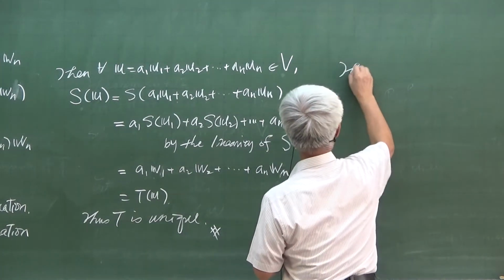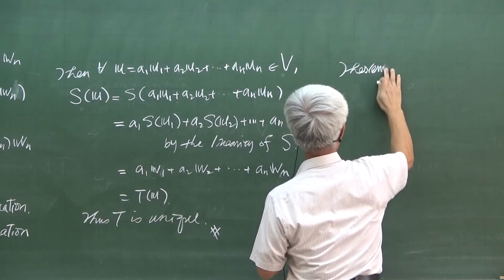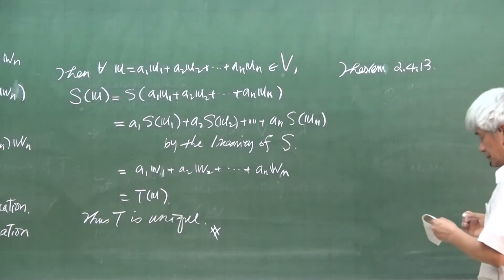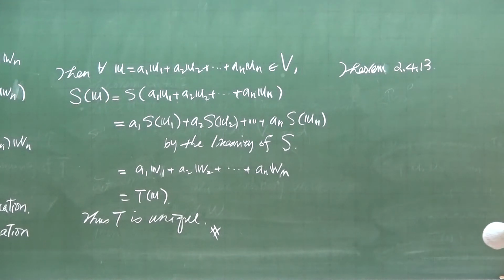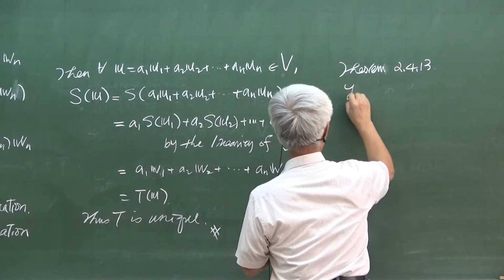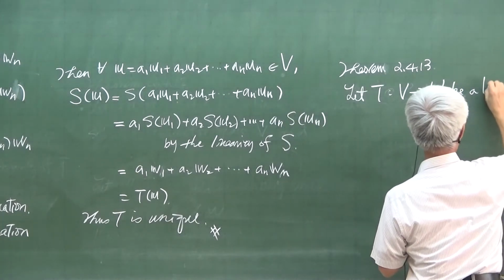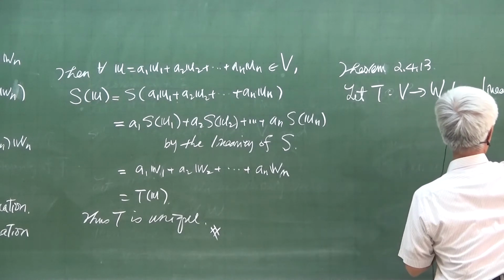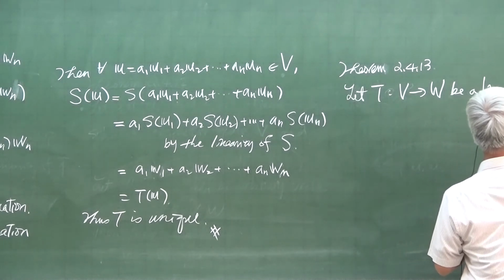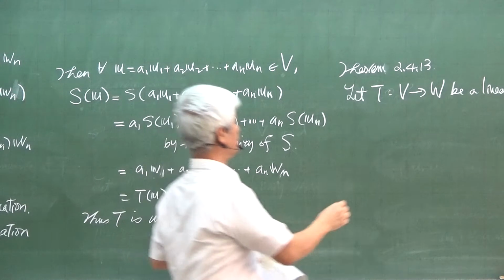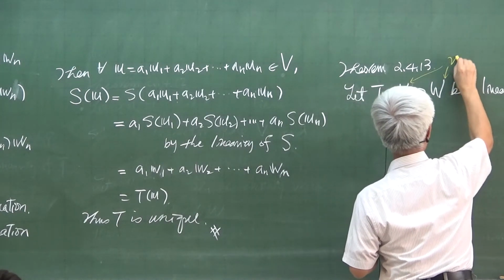Alright, so the last theorem for section 2.4 will be theorem 2.4.13. So let T be a linear transformation, and of course, V and W are vector spaces.